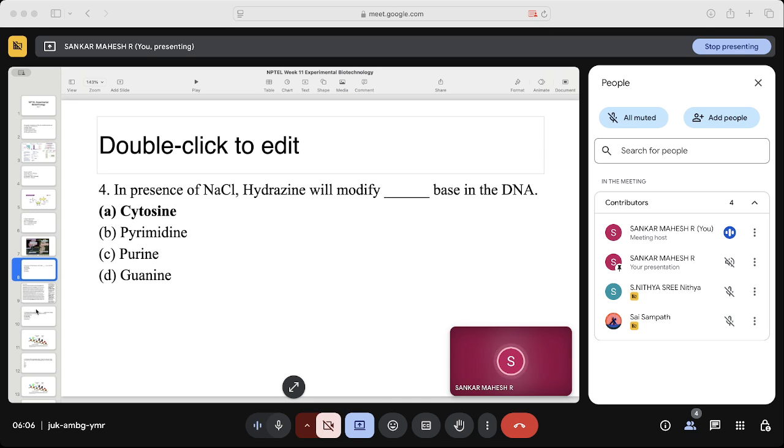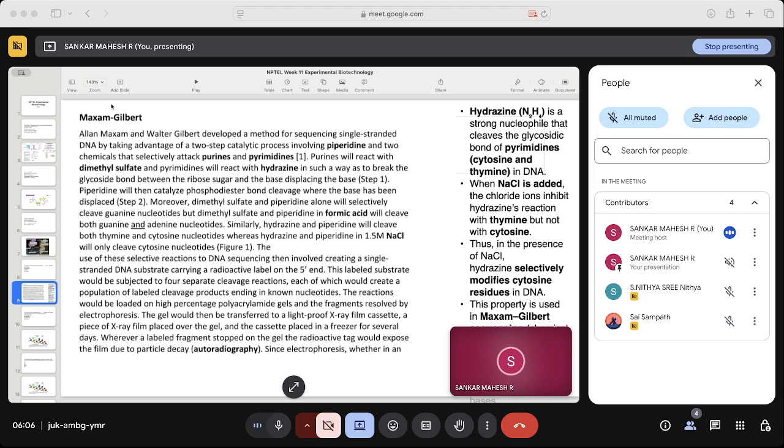Okay, so this method where hydrazine is used will modify bases in the DNA. This comes under Maxam-Gilbert sequencing. Here we take the single strand DNA, then involve piperidine, and take chemicals that can selectively act on purines or pyrimidines.